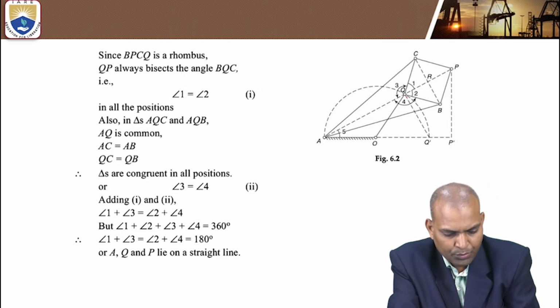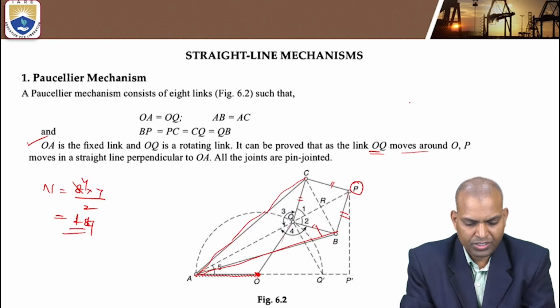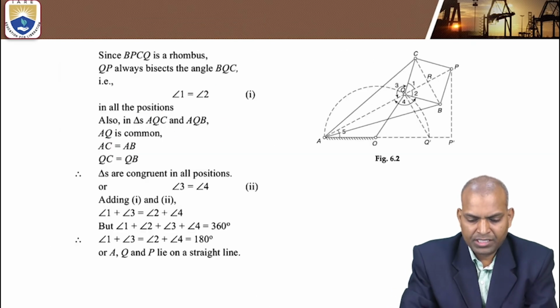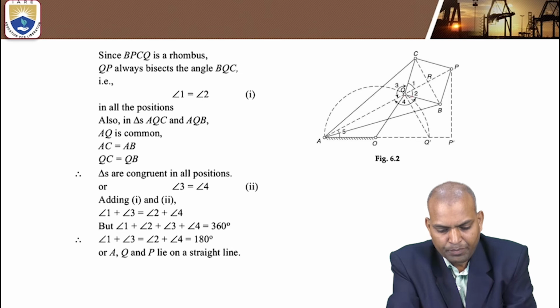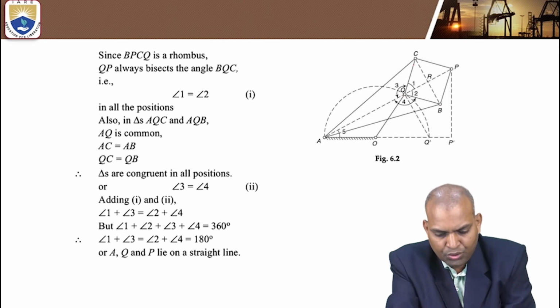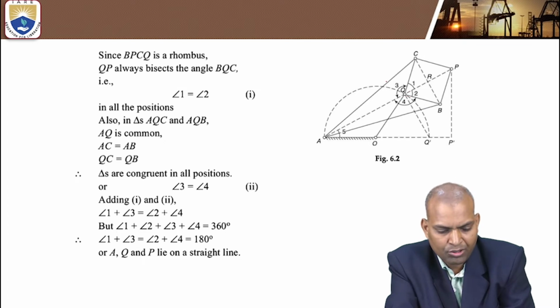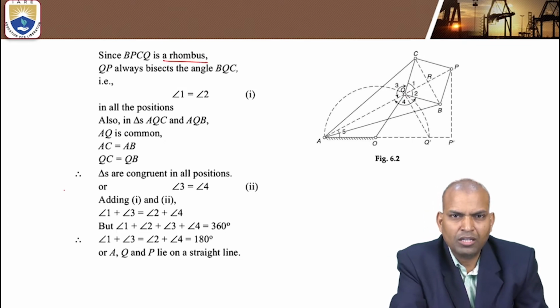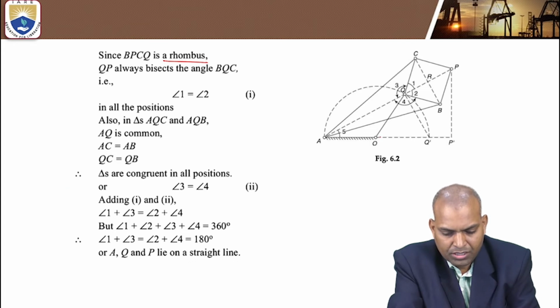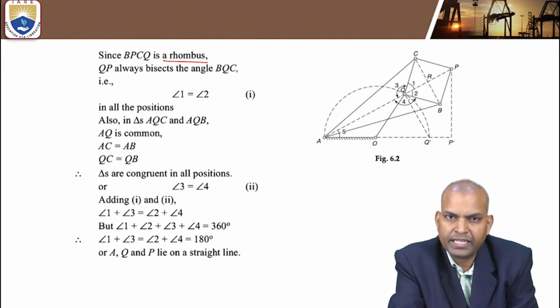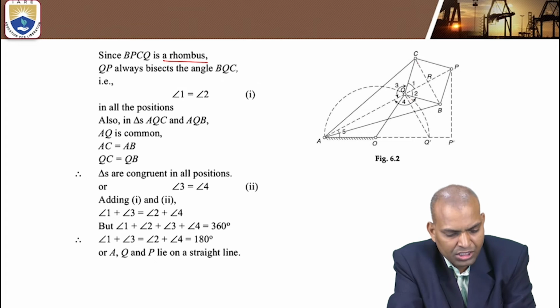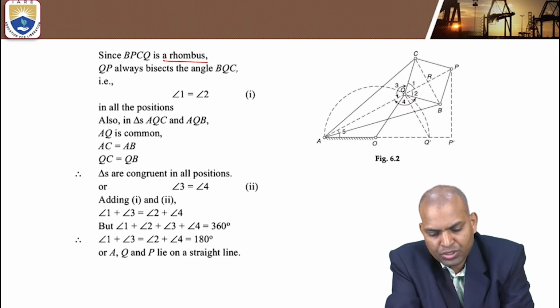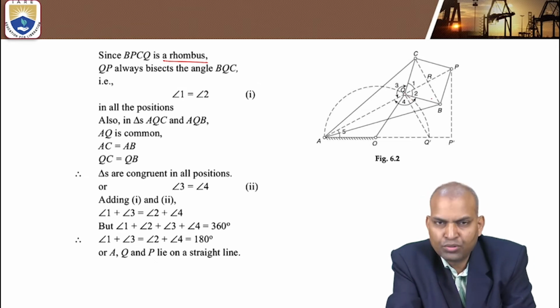The points CP, BQ form a rhombus, and all sides are equal. Next, this line QP bisects the angle BQC.